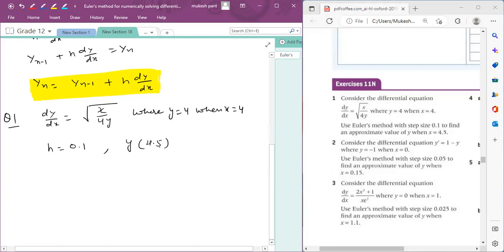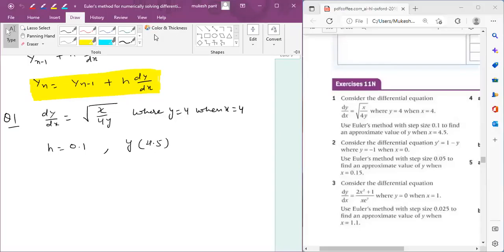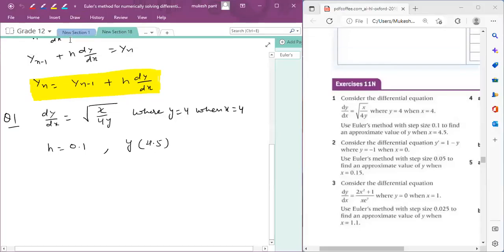Okay, so let's understand this through the calculator, your GDC. So we have the formula yn equals yn minus 1 plus h times dy over dx, right? So here what is the yn minus 1?